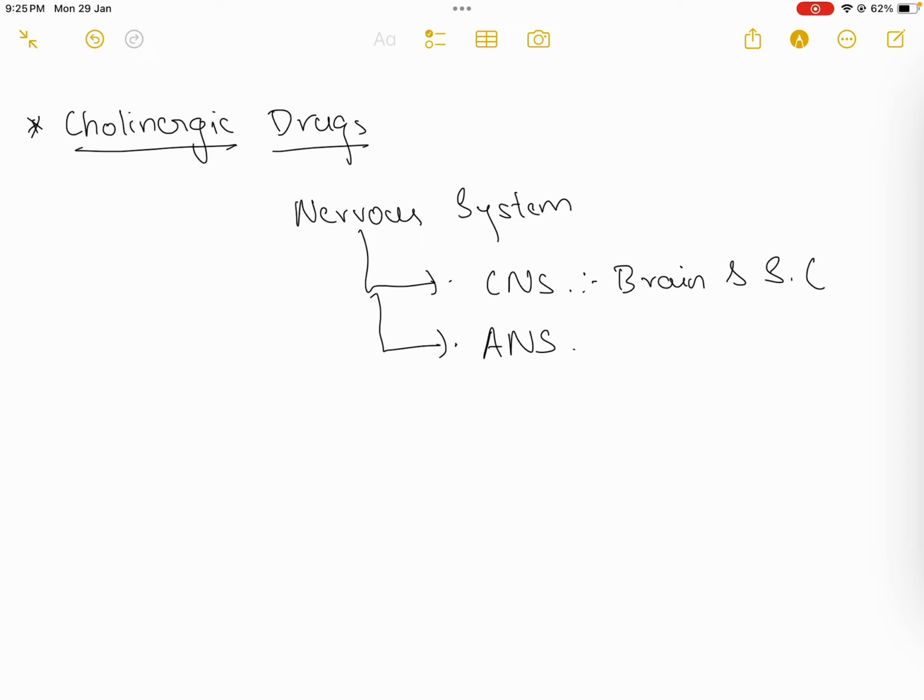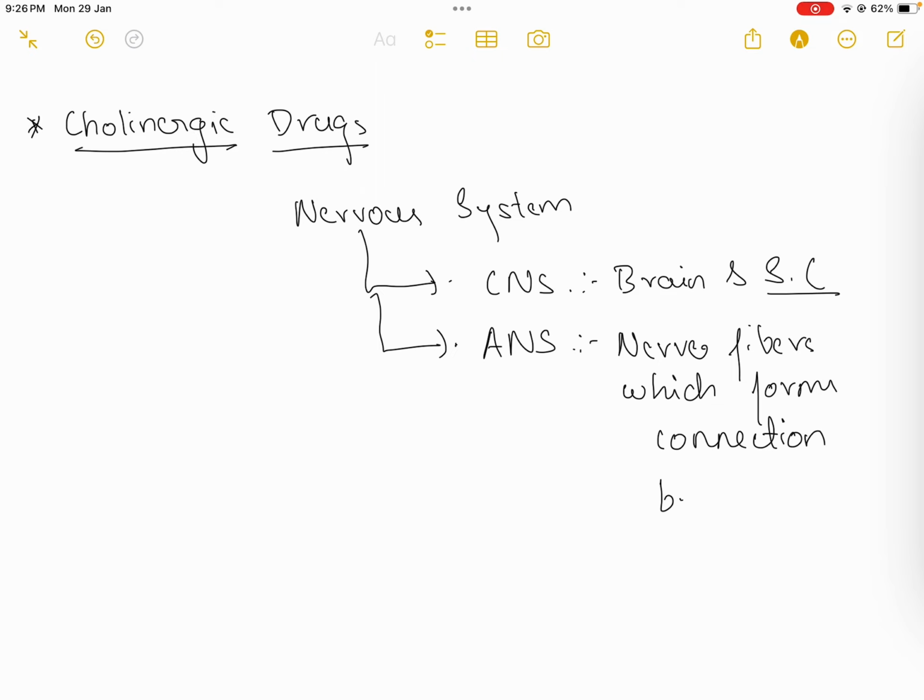I'll be writing it in abbreviation form. So CNS consists of brain and spinal cord, and the PNS consists of the nerve fibers. Usually the nerve fibers which form a connection between the CNS and the sensory side.